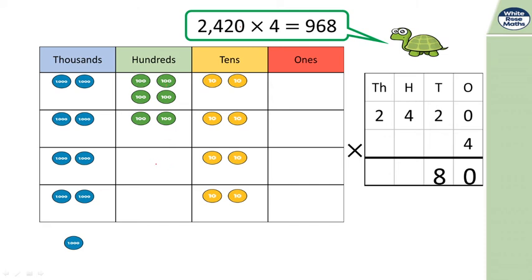So that 1,000 goes across, and my 600 is still in there. And I'm going to count up our thousands all together. We can do 4 lots of 2,000 plus 1,000. 4 lots of 2,000 is 8,000, because 4 times 2 is 8, plus 1 is 9,000.